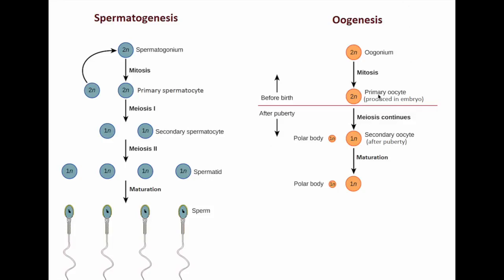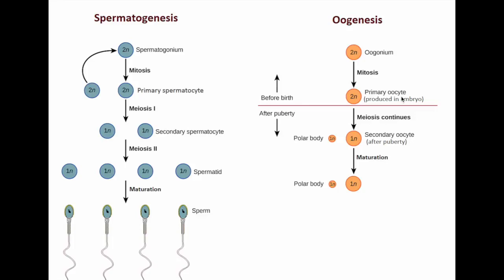The initial cells are called the oogonium, which are converted before birth. Remember that before birth they are converted through a process of mitosis into primary oocytes, and they stop there, and they are produced in the embryo. One thing more: all oogonium are going to be converted into the primary oocyte.